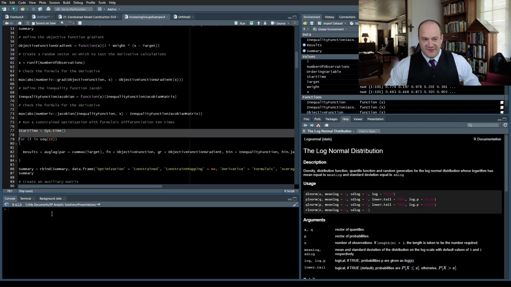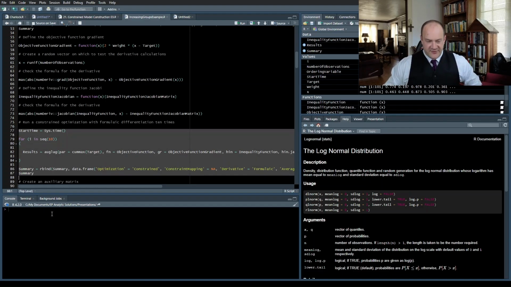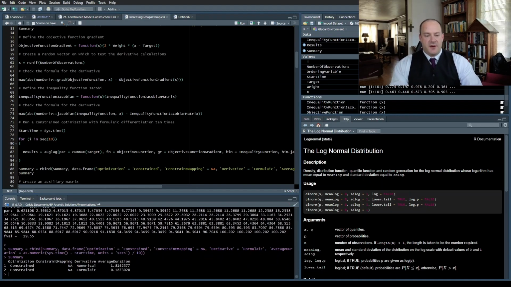So now let's let this guy run and see what comes out of it. So there it goes. And bam, look at that. We got a near tenfold difference in runtime. So previously, each of these runs of the auglag function took 1.8 seconds.